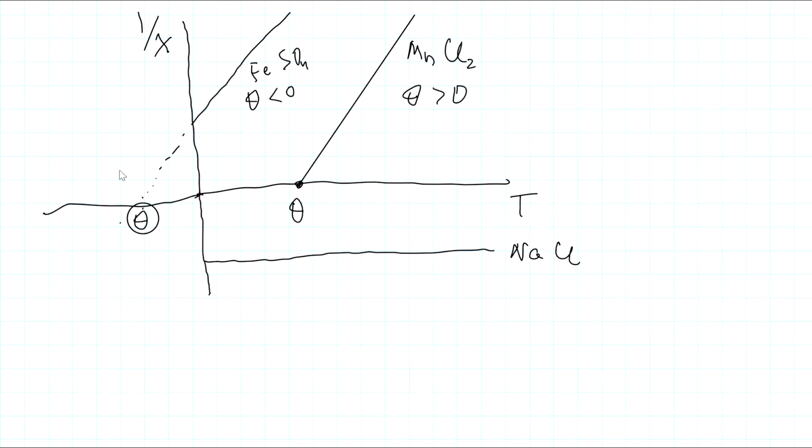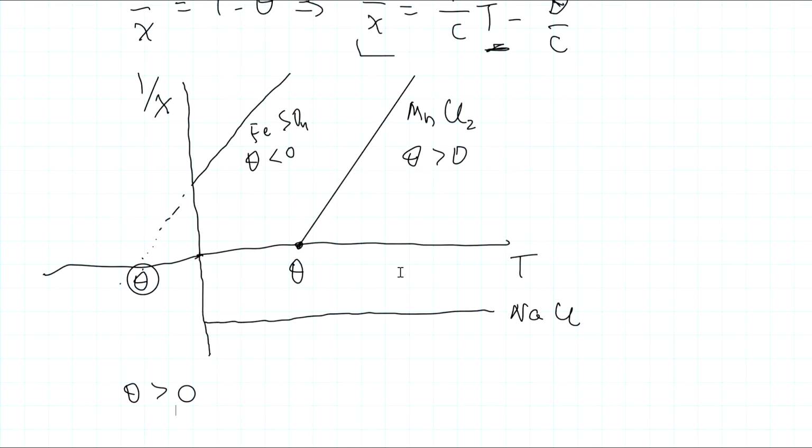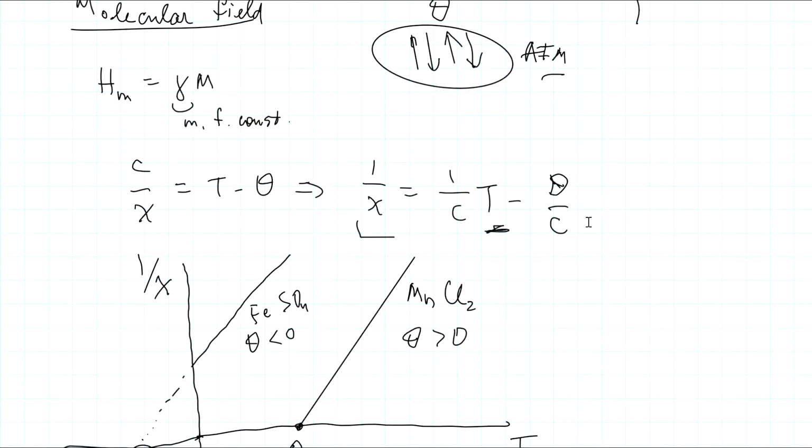All right. So if you look at these possibilities, then you will see that if theta is greater than 0, let me scroll up and remind you, we discussed the molecular field. The molecular field is something that basically defines the internal ordering. It's an effective field. There is no actual field, but it's an effective field that can be used to describe the interaction.